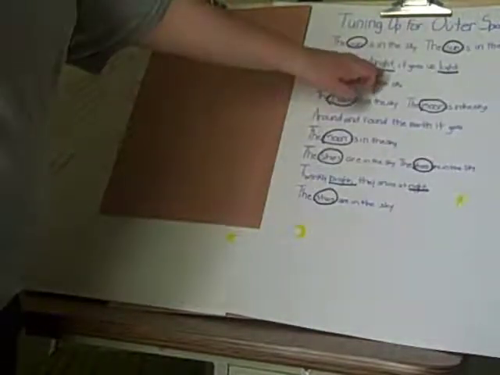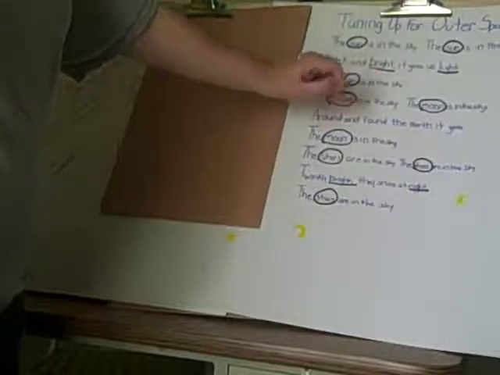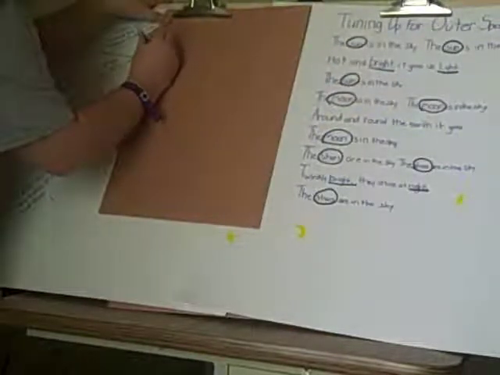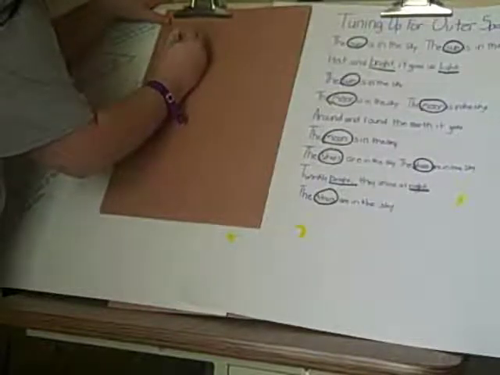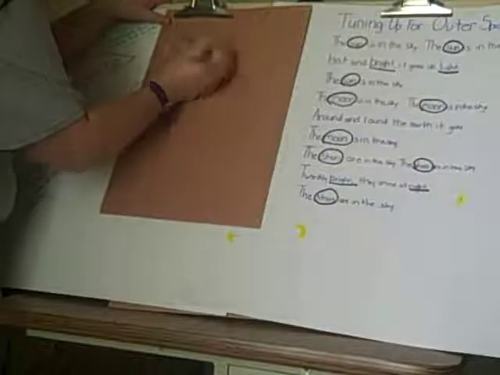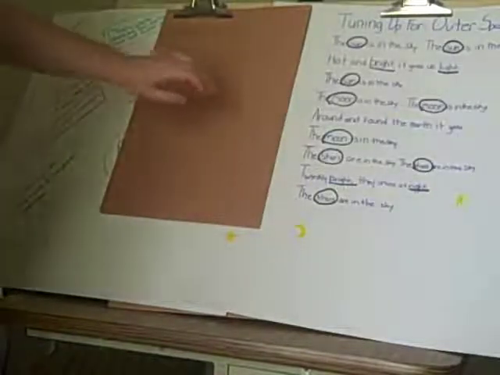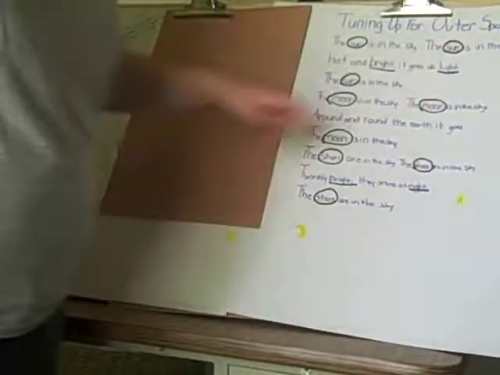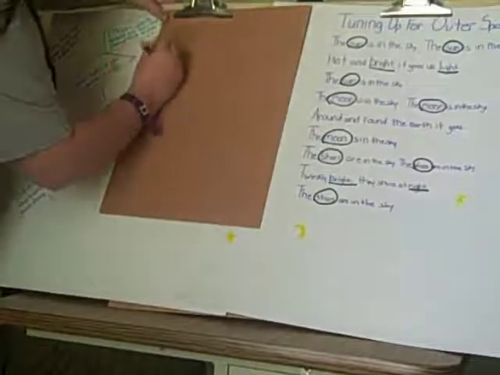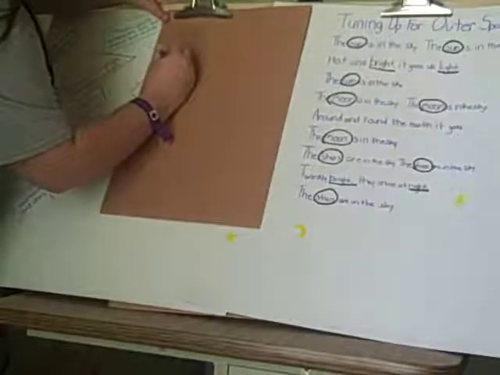Okay, good. We have bright in verse 2. B-R-I-G-H-T. Bright. In the same verse, in verse 2, remember verse is a line in a poem, is light.